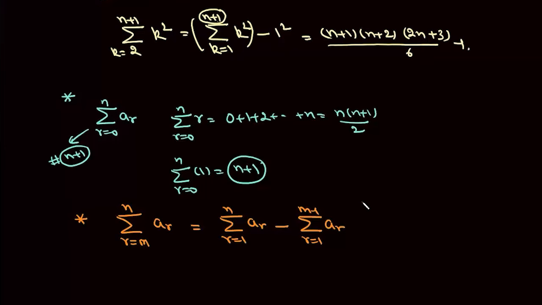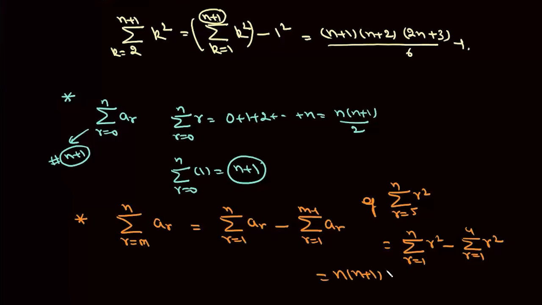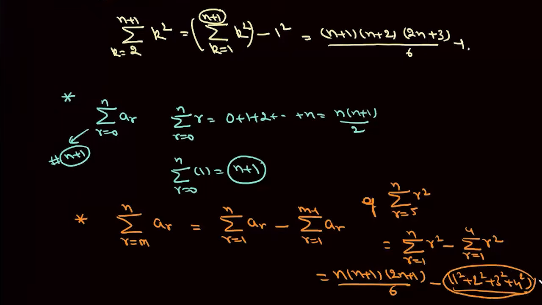So say for example, if we are asked this summation r varies from 5 to n r square, we can simply write this as the summation r varies from 1 to n r square minus the summation r varies from 1 to 4 r square. Now we already have this formula, so it will be n into n plus 1 into 2n plus 1 by 6, and then this is simply 1 square plus 2 square plus 3 square plus 4 square, which is 30. So we can simply replace this with 30.